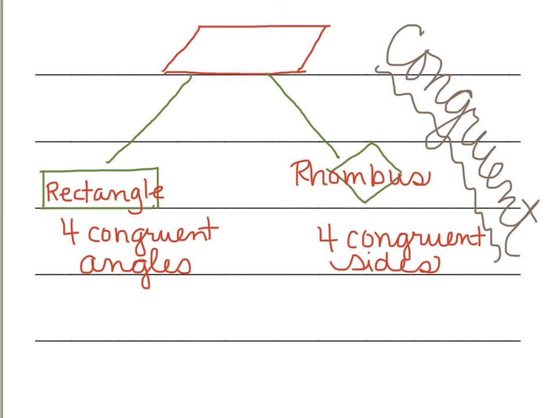Now we're going to add in a little tricky one in here, and that is a square. A square is actually a rectangle and a rhombus because it has 4 congruent angles and it has 4 congruent sides.